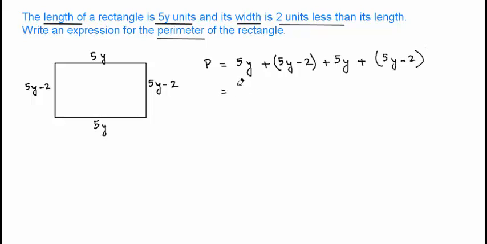In the next step, you could open up the parentheses: 5y plus 5y minus 2 plus 5y plus 5y minus 2.